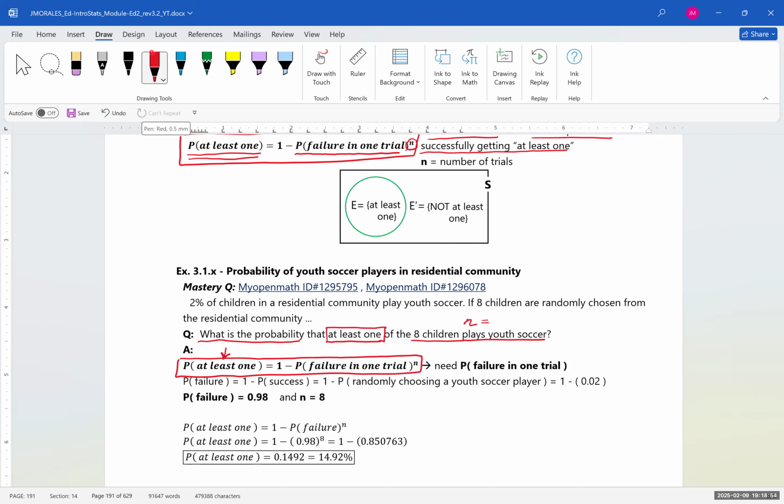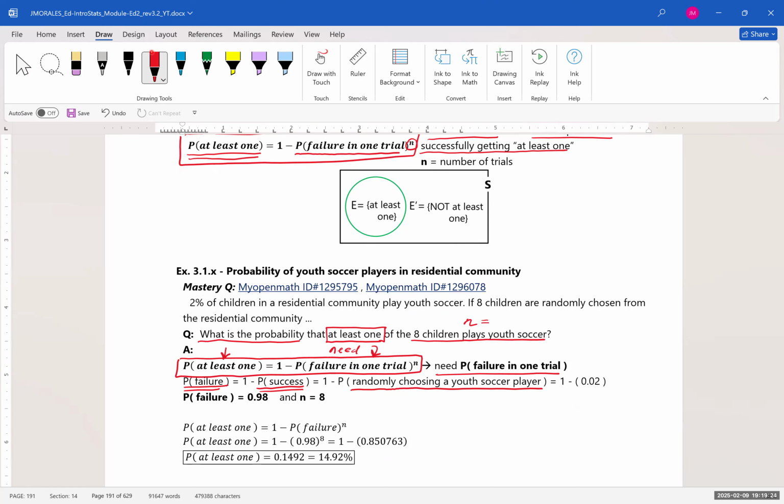So what we need right now is to find the complement of at least one. We need to find the probability of failure in one trial. The probability of failure is 1 minus the probability of success. So that's going to be 1 minus the probability of randomly choosing a youth soccer player.